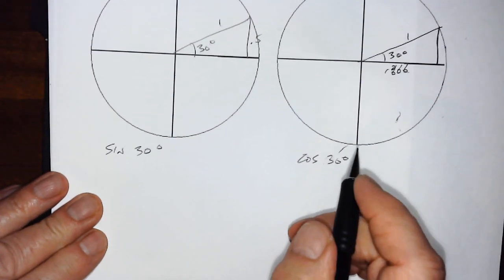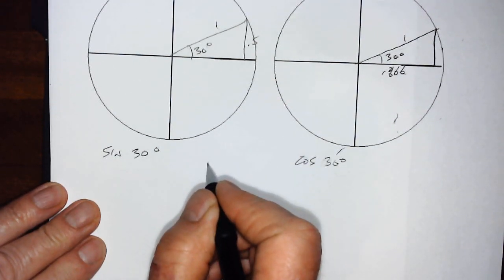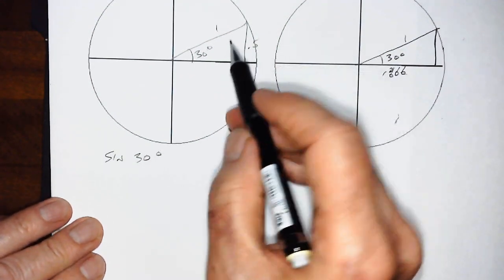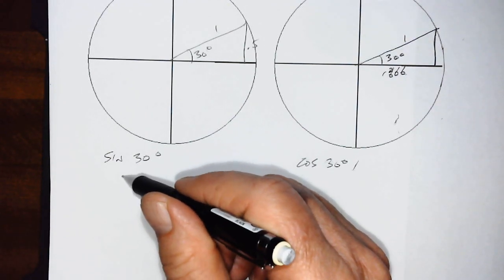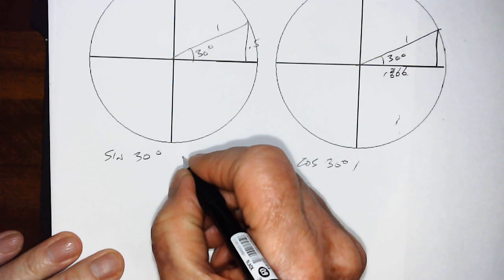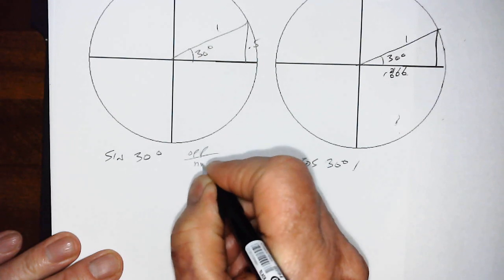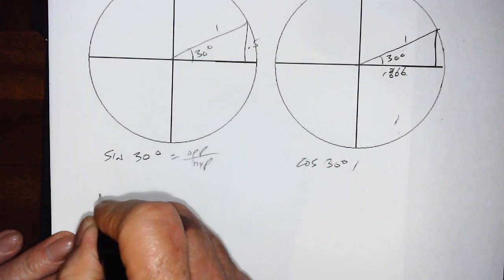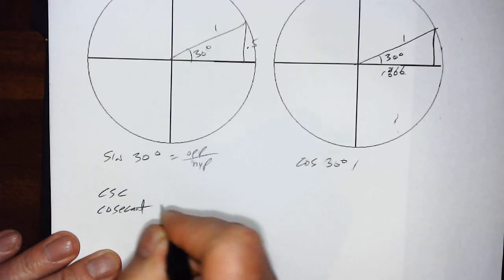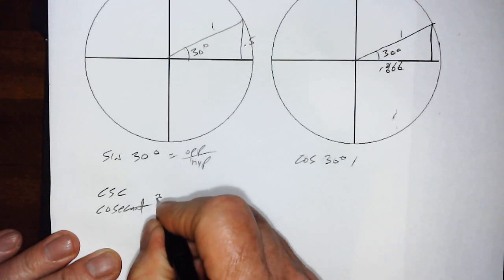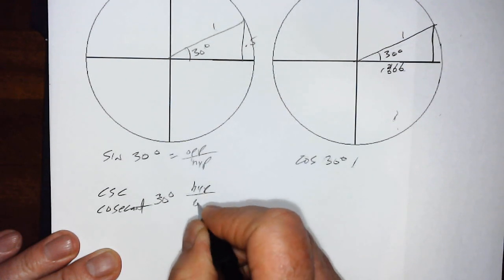And the thing about it is, the sine is basically the upside down of the cosecant. That is to say, remember, this was opposite over hypotenuse. The cosecant is the hypotenuse over the opposite.